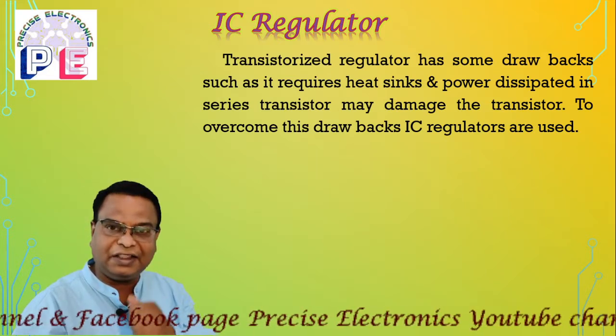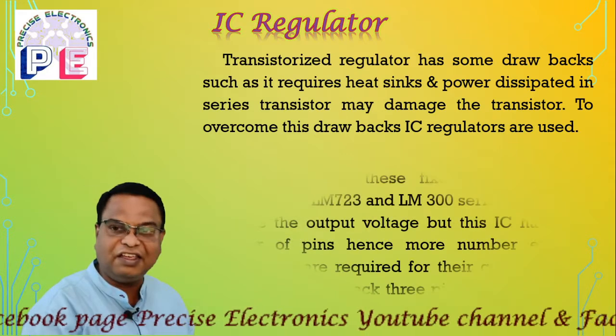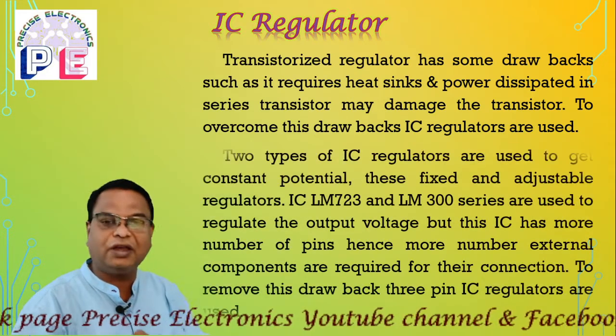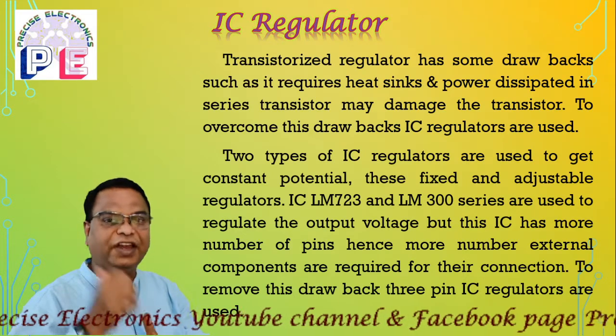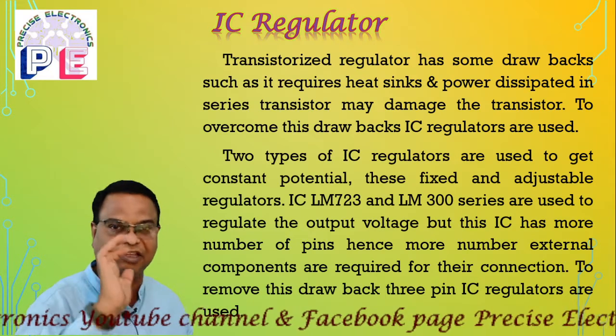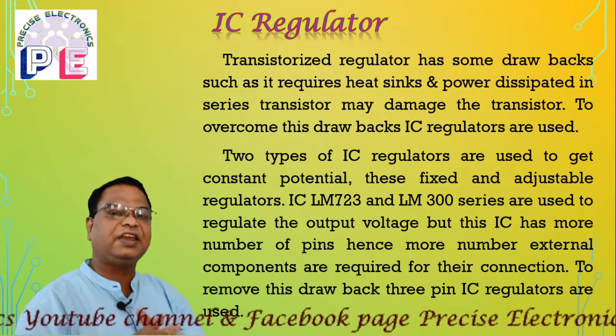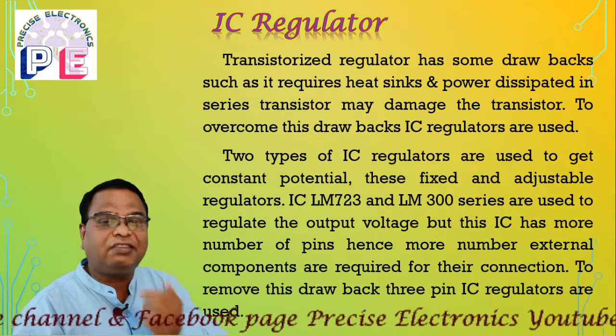To dissipate that power, we require heat sinks, and due to the heat sinks, the size, cost and weight of the instrument increase. So this drawback of heat sinks is removed by using the next type of regulator, that is known as the IC regulator. Friends, in the decade of the 90s, multi-pin IC regulators were used.